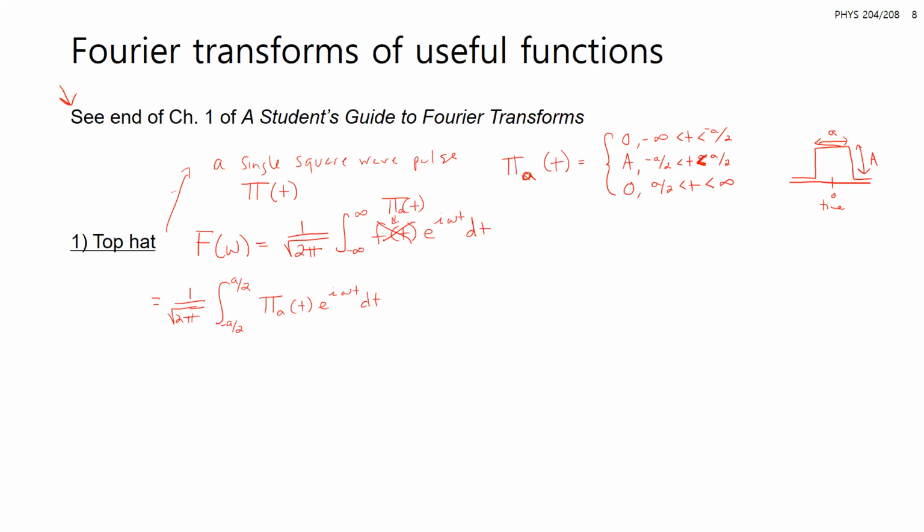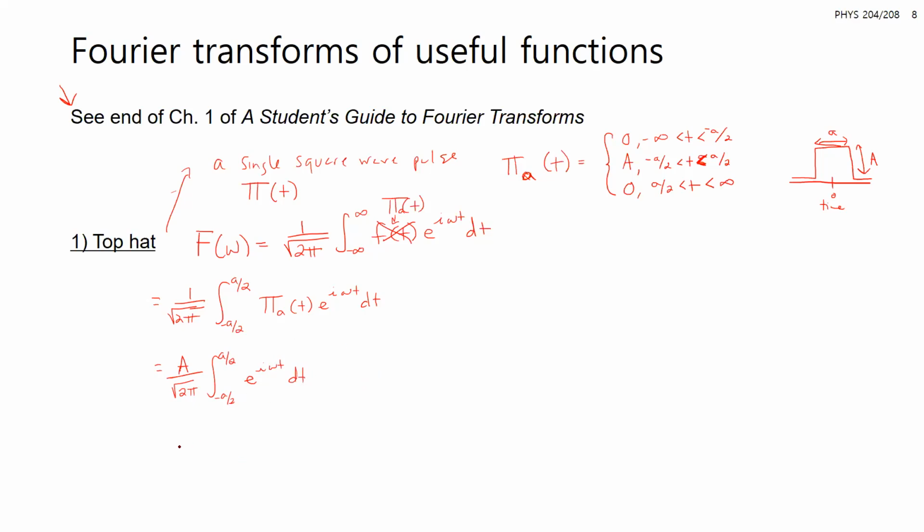And we know that at all those values our top hat function is just a constant, capital A. So we can pull that out and put that out front, our constant amplitude, with limits negative a over 2 to positive a over 2. So we're left with the exponential term here.